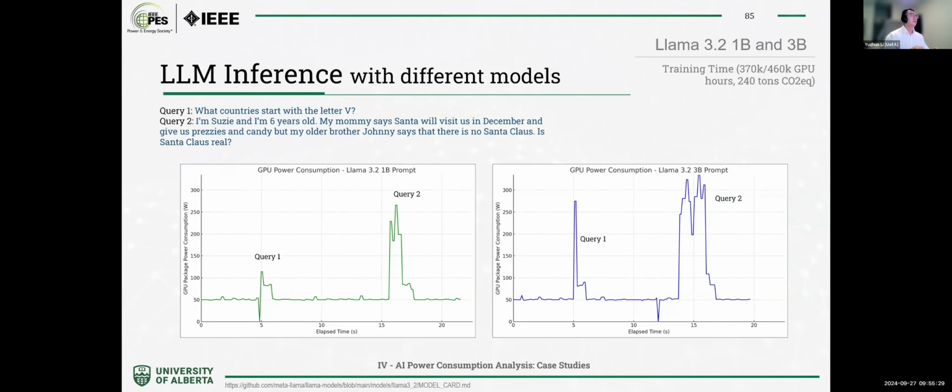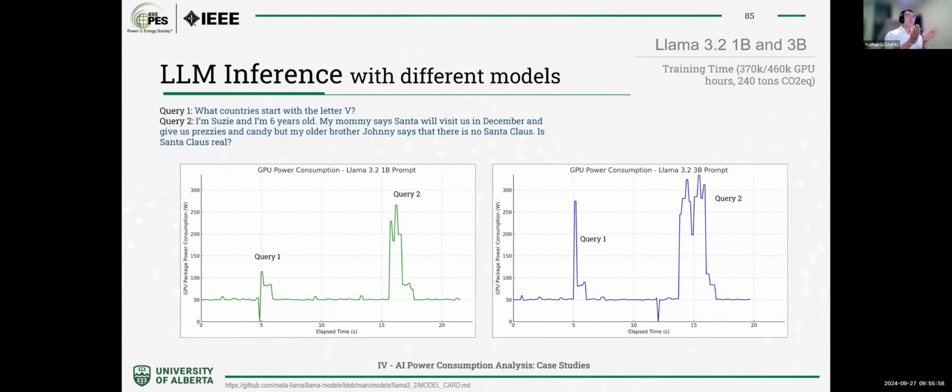So here's another big set of case studies we want to focus on. It's about model inference. For this one, we test the Llama 3.2 1 billion and 3 billion models with 2 different queries. From this diagram, we can see something very interesting.